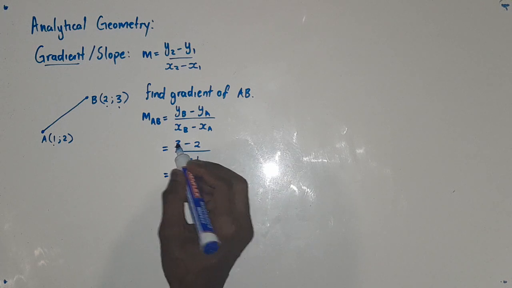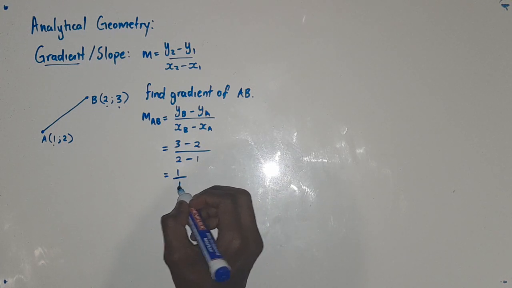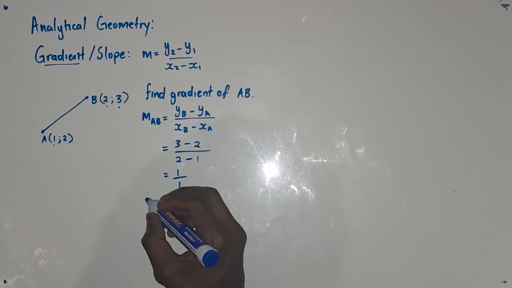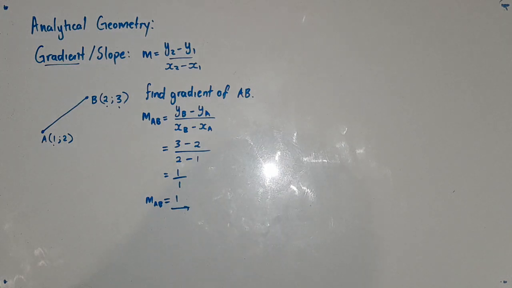Then let us subtract: 3 minus 2, we get 1, 2 minus 1, still get 1. Finally, we are going to get 1, which is our final answer, like this.